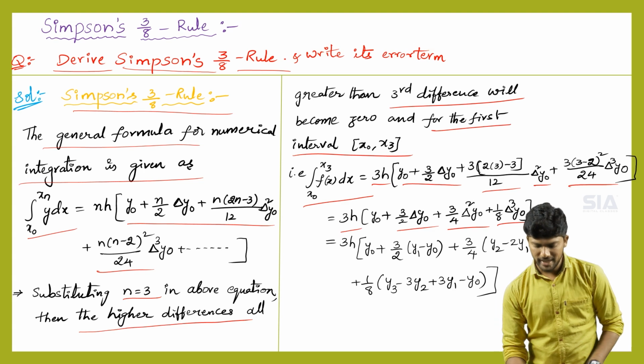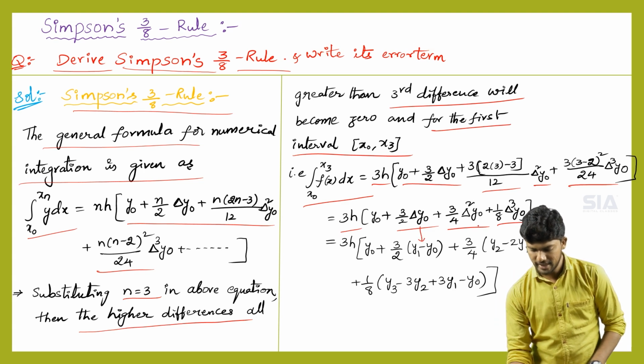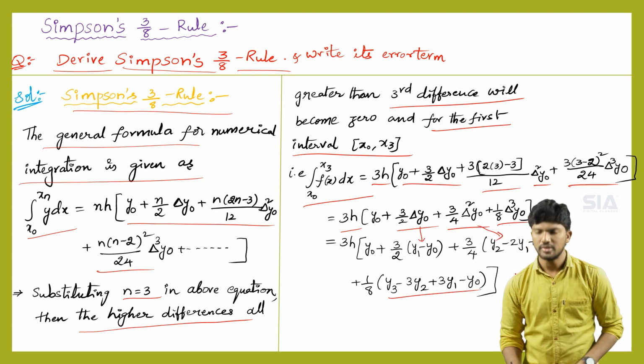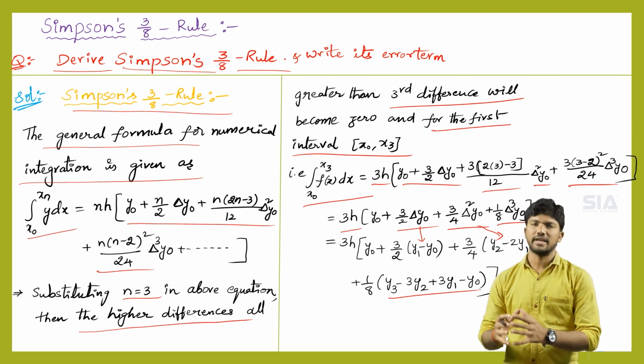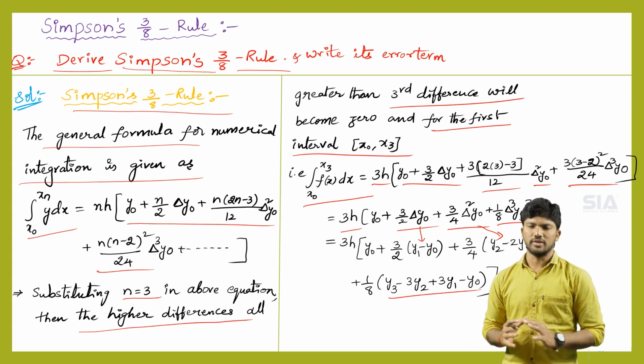Now substitute the values of delta y0, delta square y0 and delta cube y0. You can derive these values from the forward difference table, you know very well how.